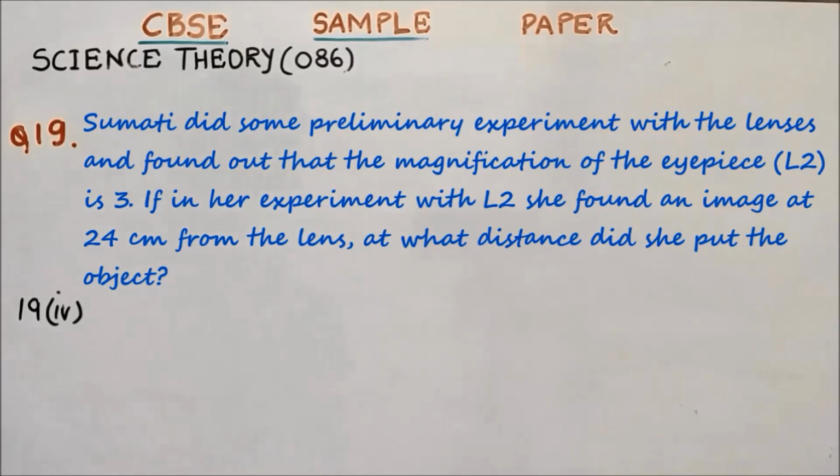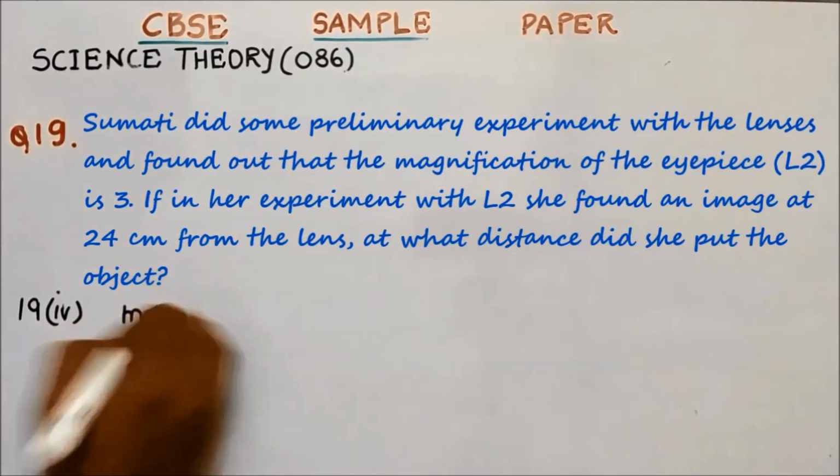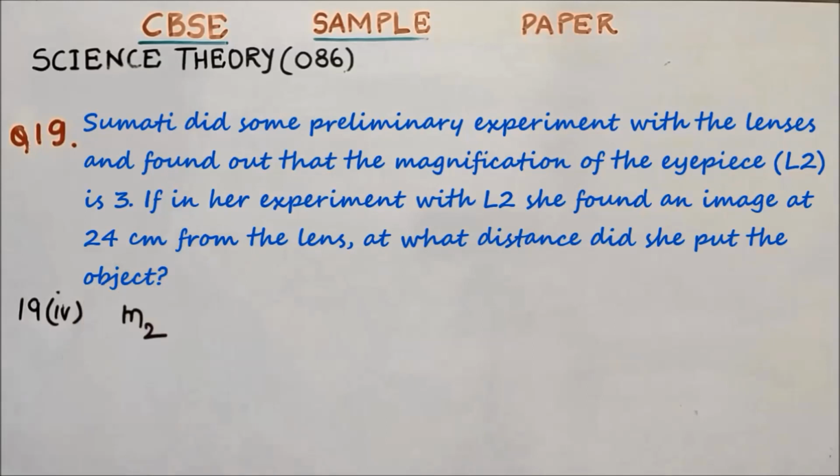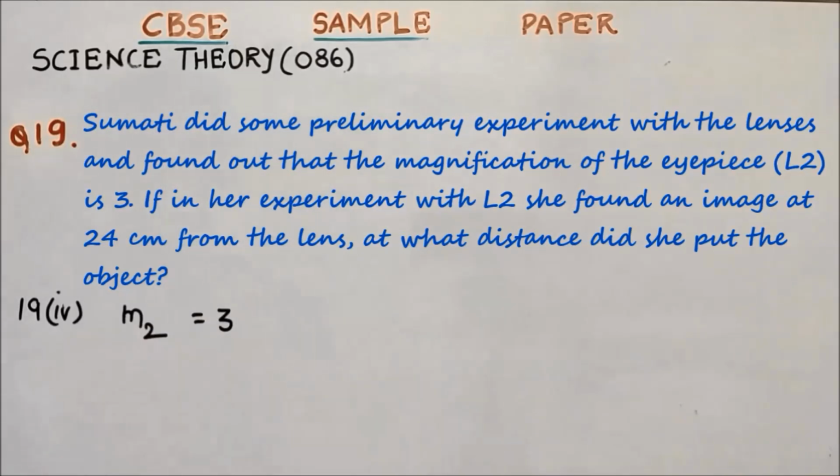Sumati did some preliminary experiment with the lenses and found out that the magnification of eyepiece L2 is 3. Let us write it as M2, the magnification for lens L2, and that is 3. Greater than 1 magnification happened.